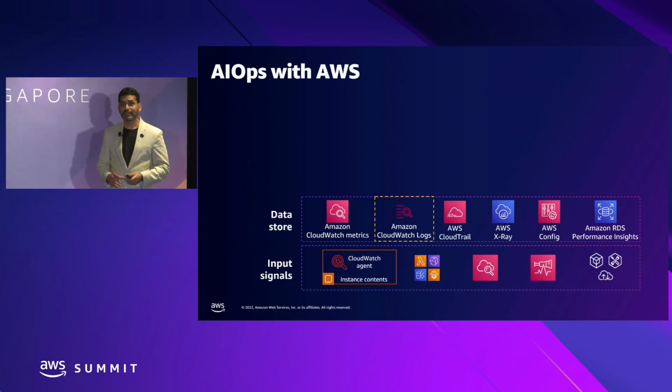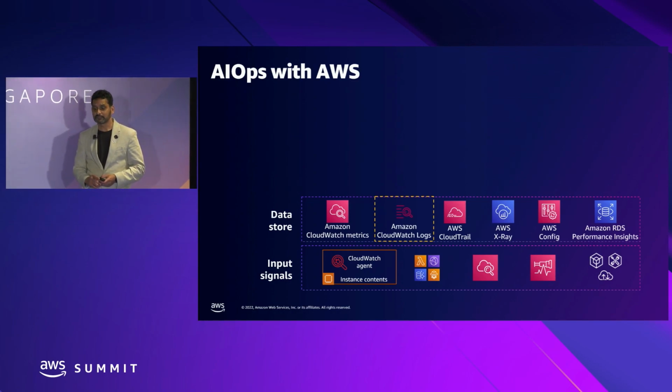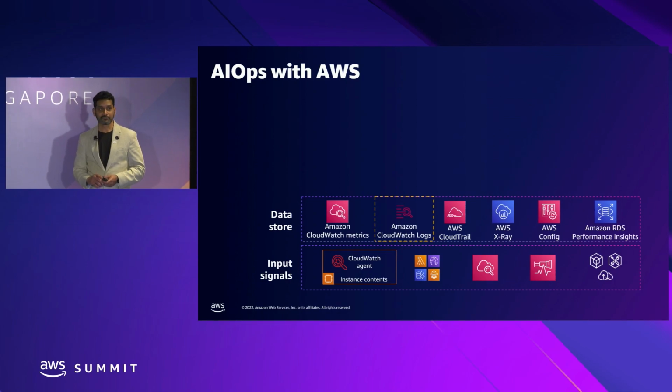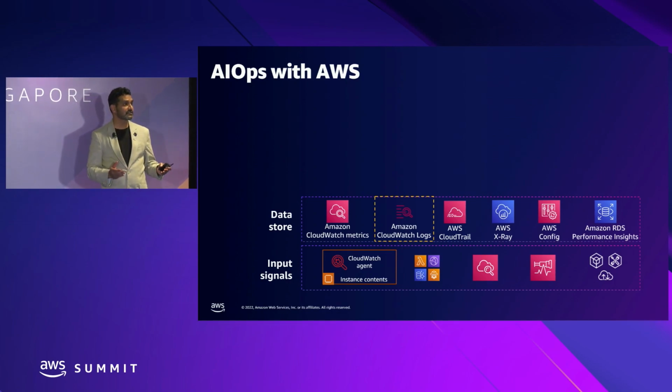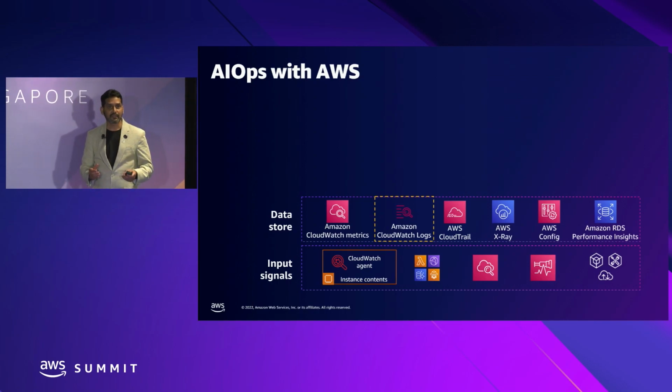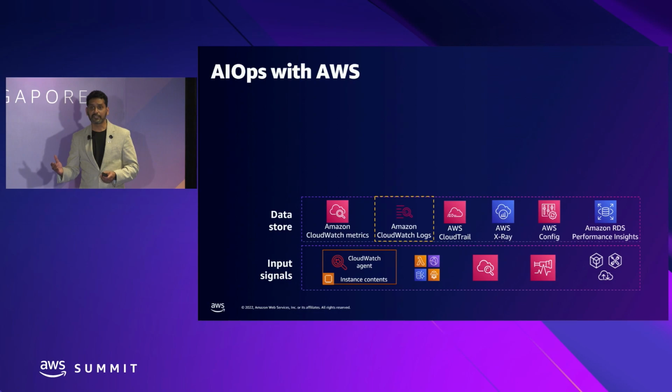So how do we implement AIOps on AWS? At the bottom, you see these input signals from AWS resources. Considering the theme is serverless, I'm going to take Lambda as an example. When you run Lambda, you get these CloudWatch vended metrics, like number of invocations, duration or latency, or error rate, and so on.